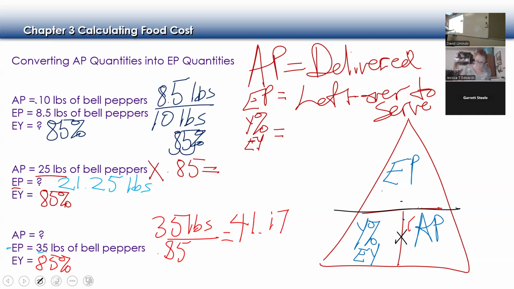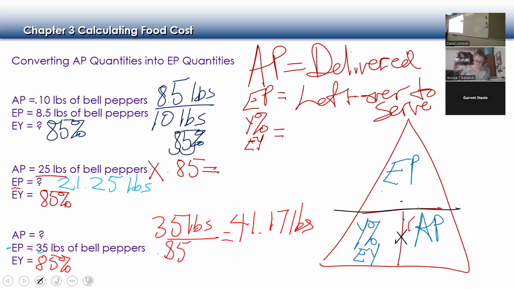Okay, so I may say 41.5 pounds. Round that up a little bit. But I need to order at least 41 or at least 42 pounds in order to end up with 35 pounds at the end. Okay, because I'm going to chop off the top, take off the stem, take out the seeds, all that product.